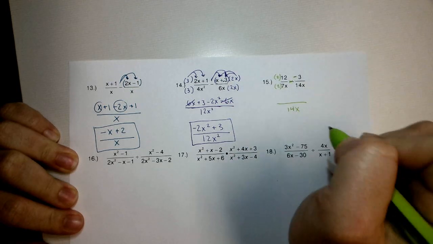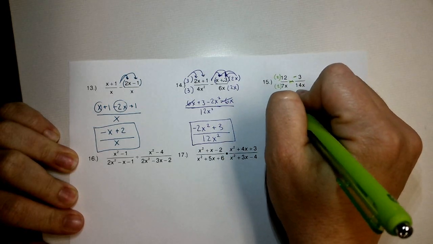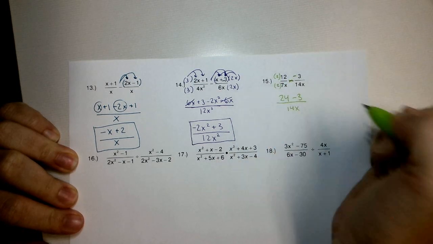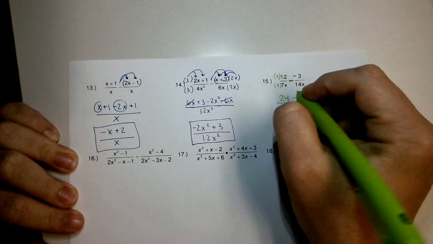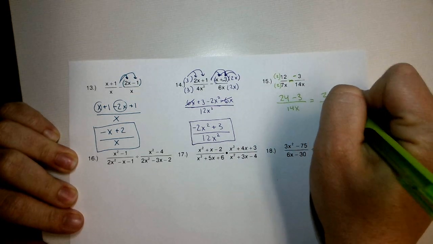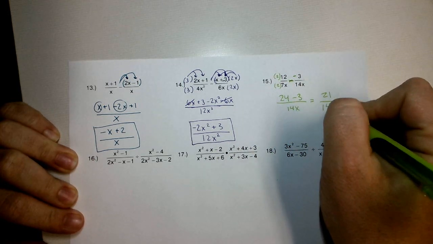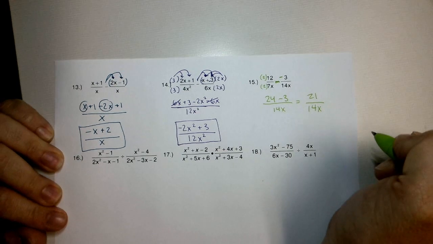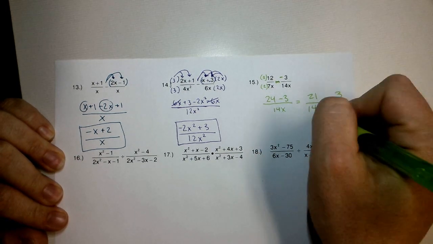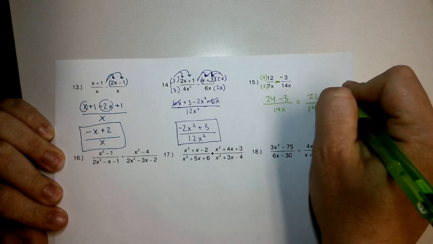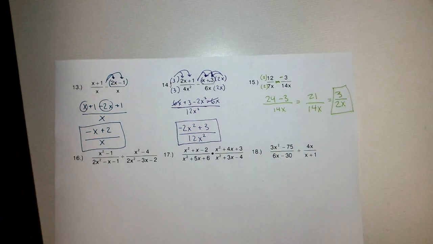Bring that negative up so you don't forget about it. 2 times 12 is 24, minus 3. There's no denominators, variables up top. So this ends up with 21 over 14x. Well, that can simplify, so we definitely need to simplify it. 7 goes into 21 3 times, and 7 goes into 14 2 times. So our answer is 3 over 2x.